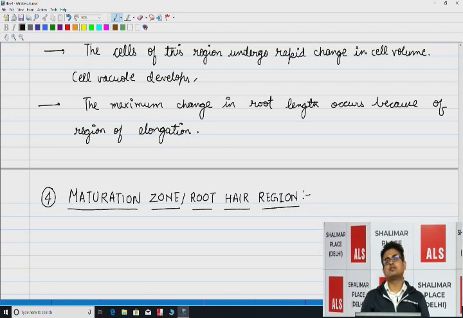So what is happening in this zone? In this zone, the cells which have undergone maximum change in length, the fully grown cells, will now develop root hair and they will also undergo some changes which will make them into permanently mature cells. These are the oldest cells, you can say. Here the cells undergo full differentiation and maturation.